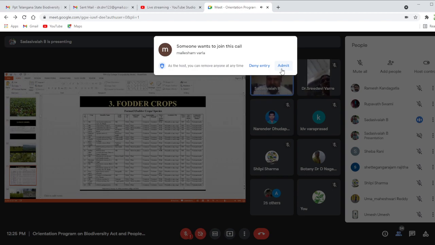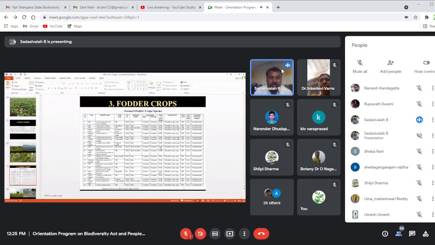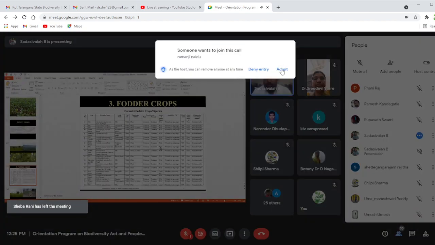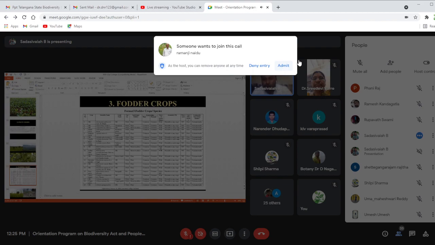Again, the format is the same: the crop or the species, the scientific name, and the local name. It is very important here to record the local names of the particular species. If you take any grass and ask what this is, they will say it's gaddi. If you show other grasses, they will give names like Uba gaddi, Upu gaddi.